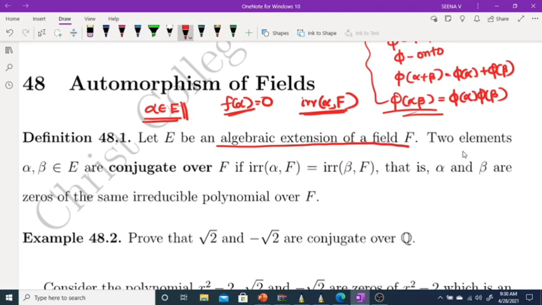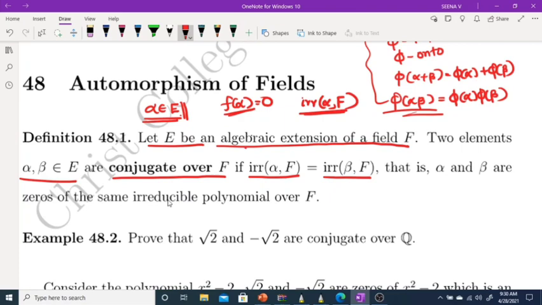Now, two elements alpha, beta belonging to E are conjugate over F if the irreducible polynomial of alpha over F equals the irreducible polynomial of beta over F. These exist because E is an algebraic extension, so any alpha belonging to E is algebraic over F, therefore the irreducible polynomial exists.